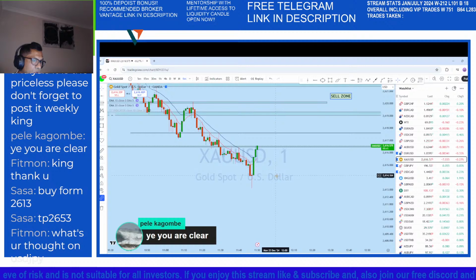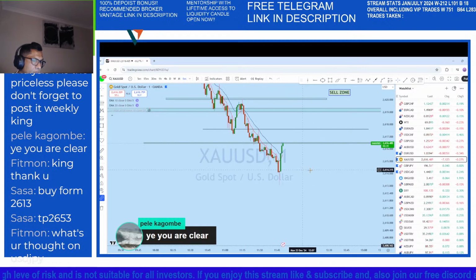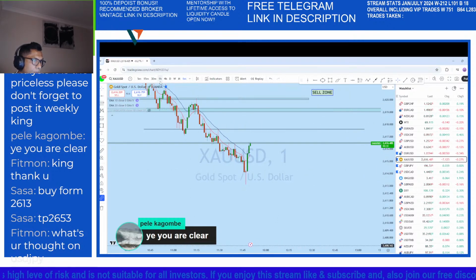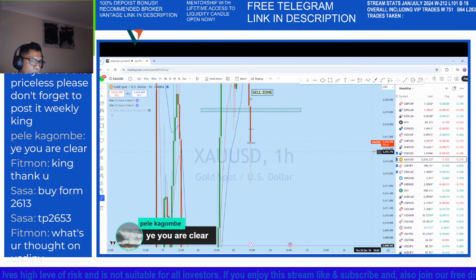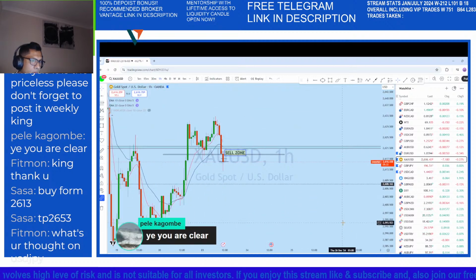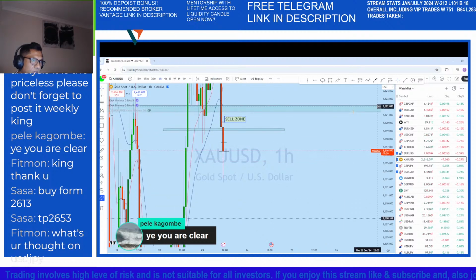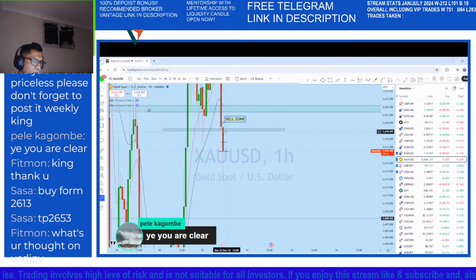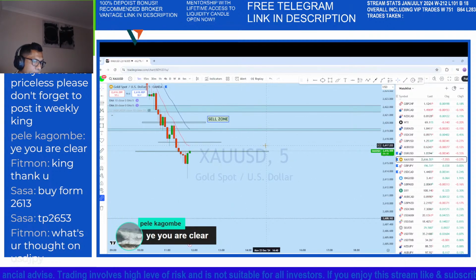So 1 minute chart, we can see that move. So if this 1 hour candle is closing above, we might find the next one to drop again to fill that long wick.